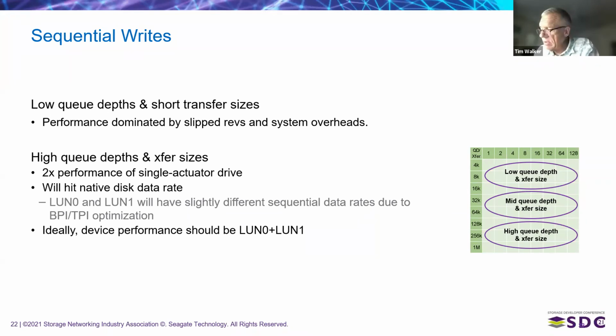An interesting side note is that these two LUNs, or the two actuators, don't have identical performance, because like all disk drives, each head disk combination is optimized for its best performance, and some head disk combinations are more capable than others. So you've got a drive that's 250 megabytes a second OD data rate.